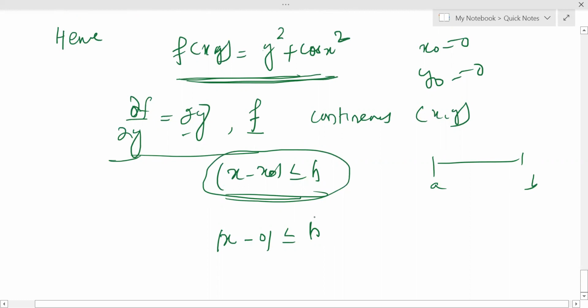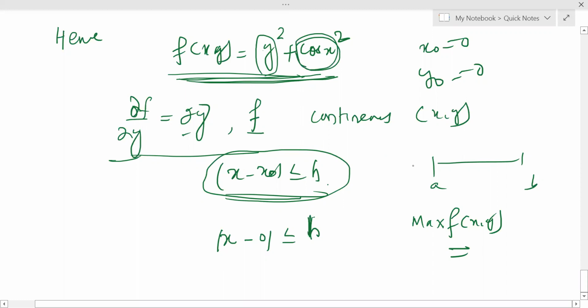So let it be b. Now the maximum of f(x, y) in this function: the maximum value of cos x is 1, and y is at most h, so the maximum value of f(x, y), that is m, is 1 + h^2.